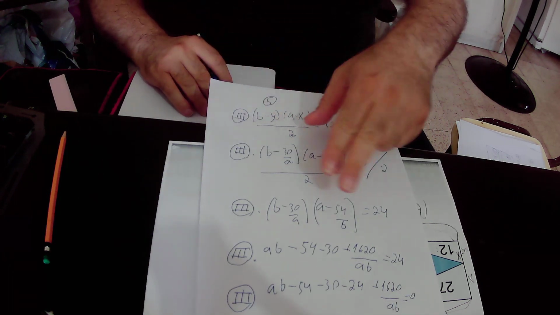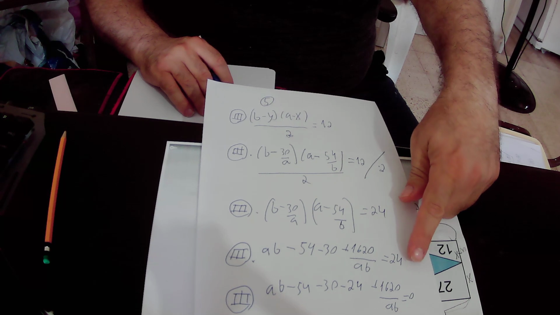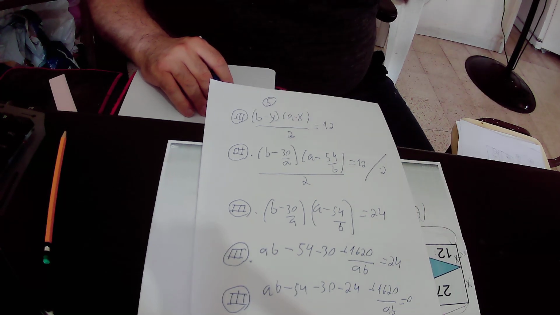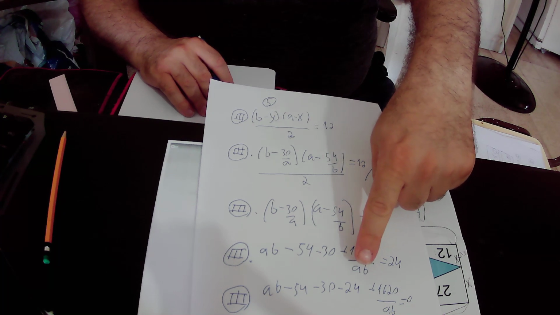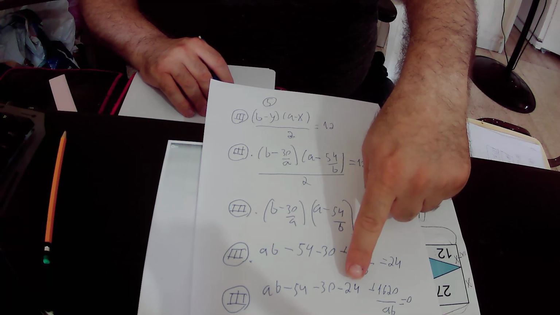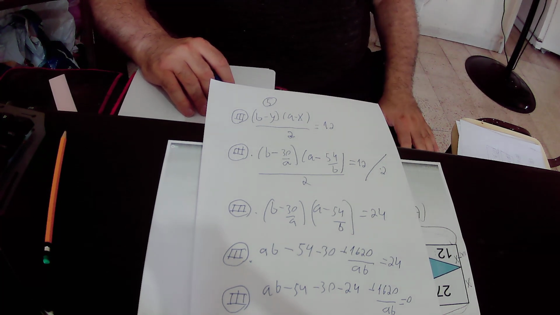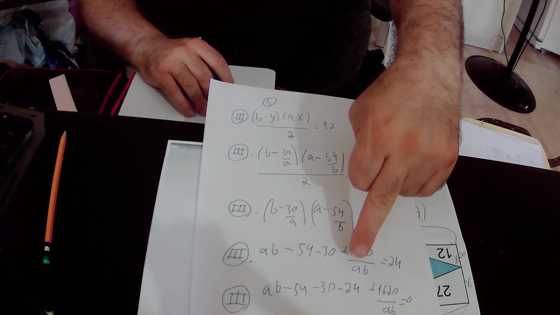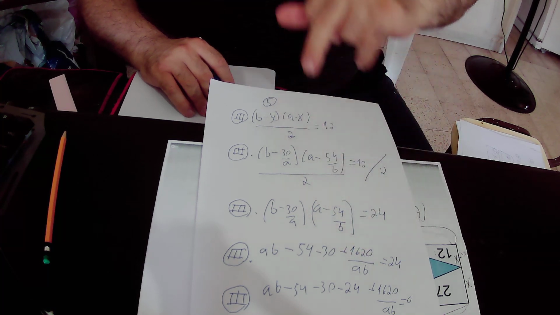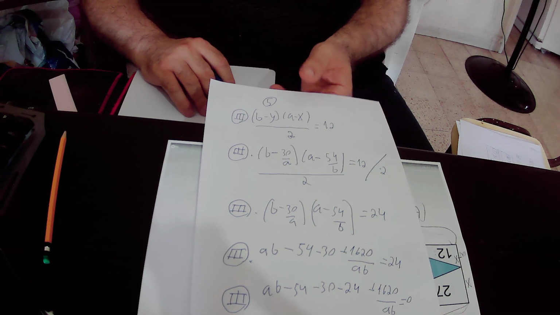So we subtracted 24 from both sides of the equation. Here 24 minus 24 is 0, and on this side we have minus 24, and minus 54 minus 30 and minus 24 equals negative 108, so we write it down.